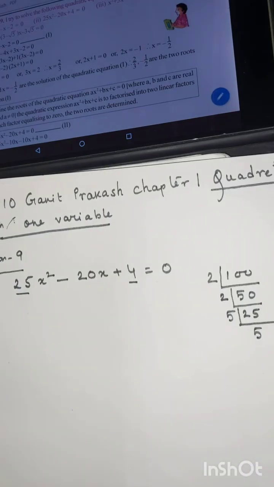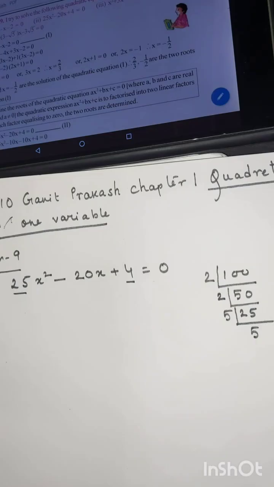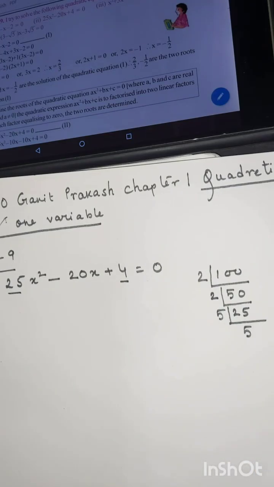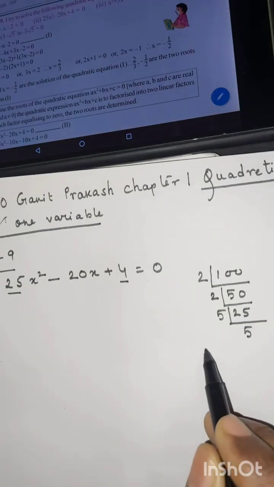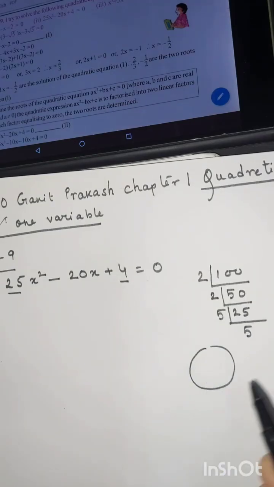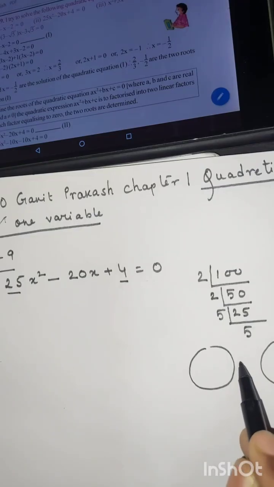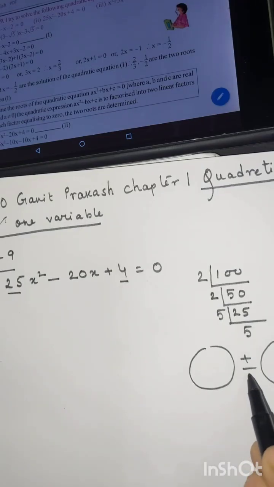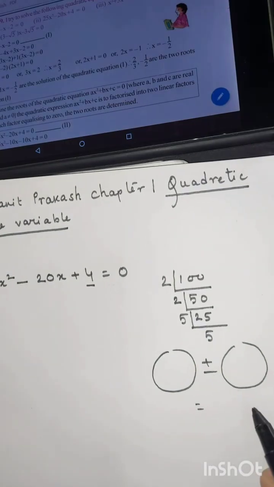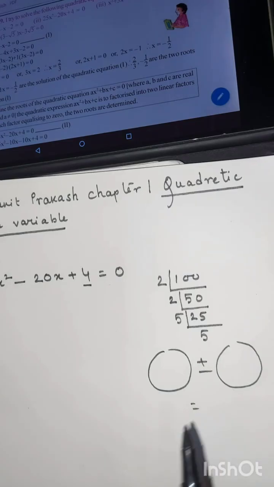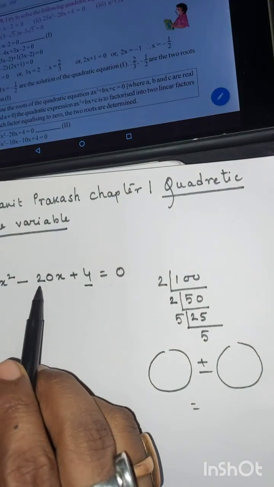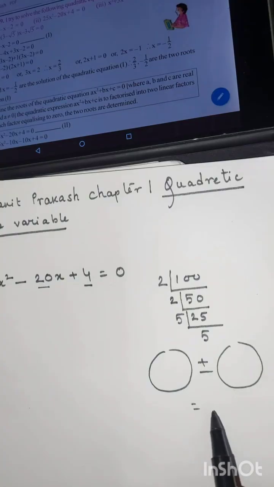If we arrange these factors into two groups, by putting plus or minus in between them, we should get the coefficient of x as the result.